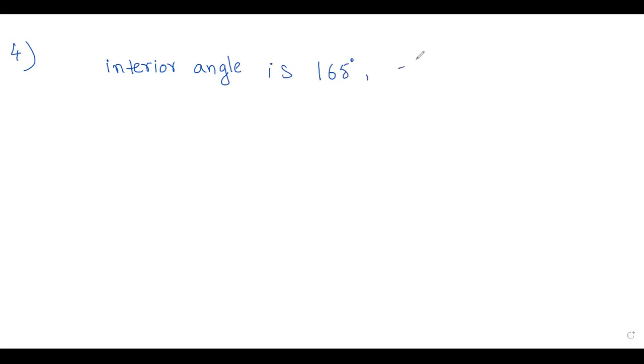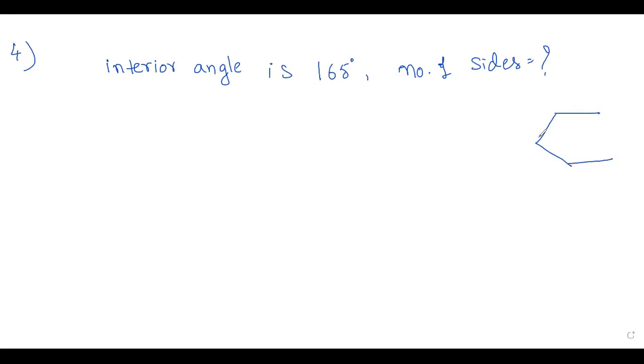Okay children, then number of sides is equal to question mark. So each interior angle is 165. Then how to find the exterior angle? For example, it is like this.